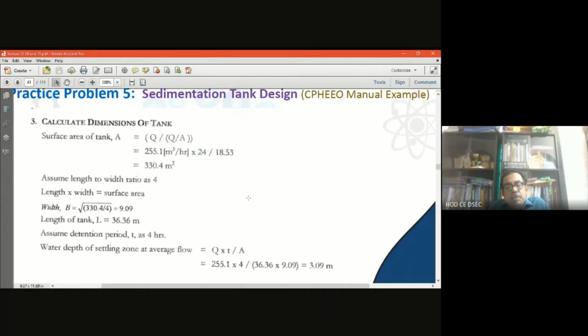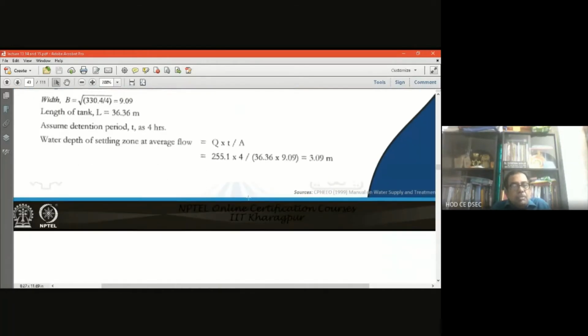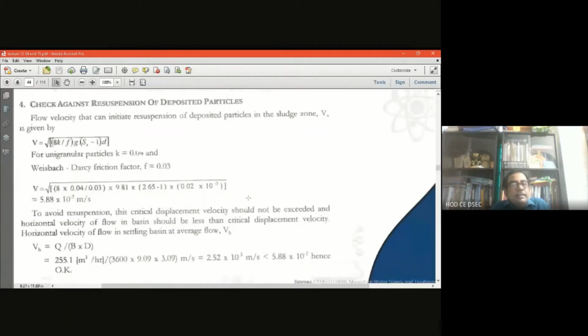Velocity is nothing but Q by A. So Q by A into time is the distance. Then Q you know, detention time assumption you have taken, and A you know. So you have to find out the water depth, 3.09 meter. So you have found out L, B, H, all these parameters of the tank. Okay. So this is the thing.